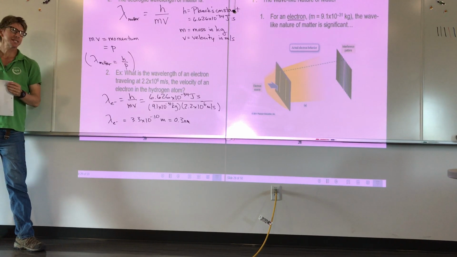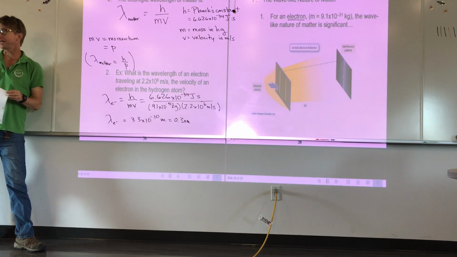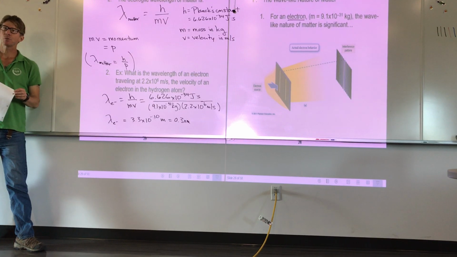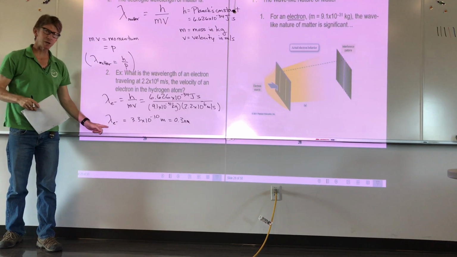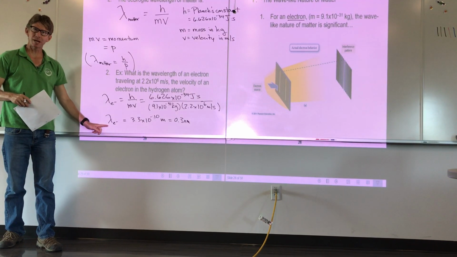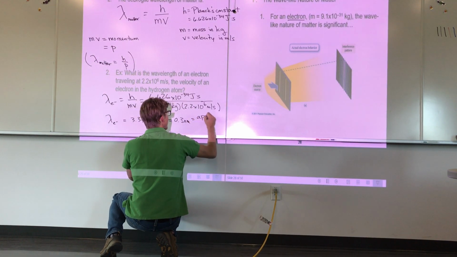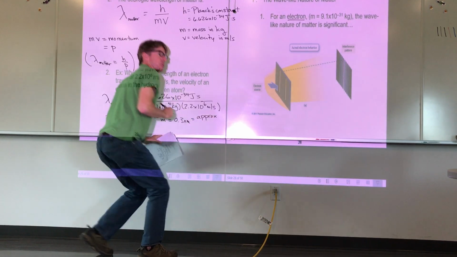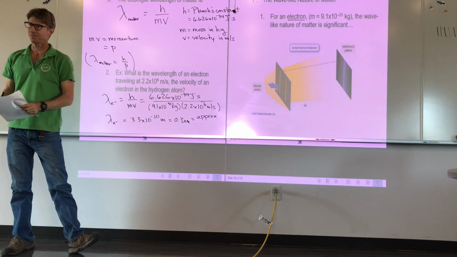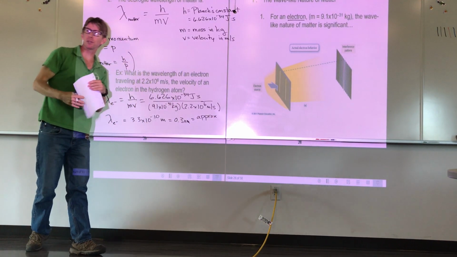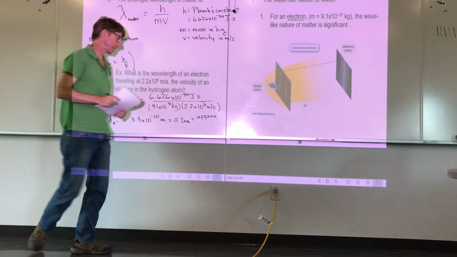We won't talk about the sizes of atoms until next chapter, chapter 8. But what we will need to know for now is this wavelength is approximately the size of the atom. And that's why it will be important for atoms, because it's approximately that size.